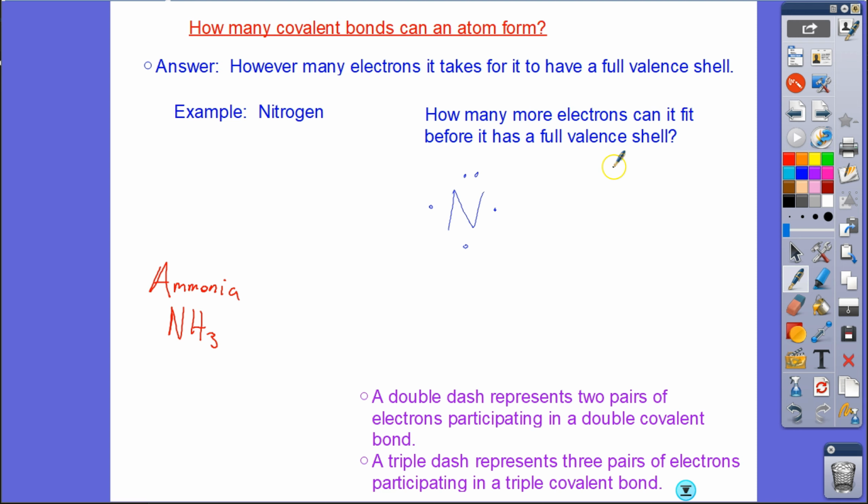You can think of full as meaning 8, except remember that hydrogen and helium are full with 2. Or you can look at the dot diagram. How many more dots do I need for it to be full, like I've been drawing? You could draw another one there, and another, and another. So it needs 3 more to get to 8. Or if you knew right off the bat there were 5, you need 3 more to get to 8. So 3 is the answer.